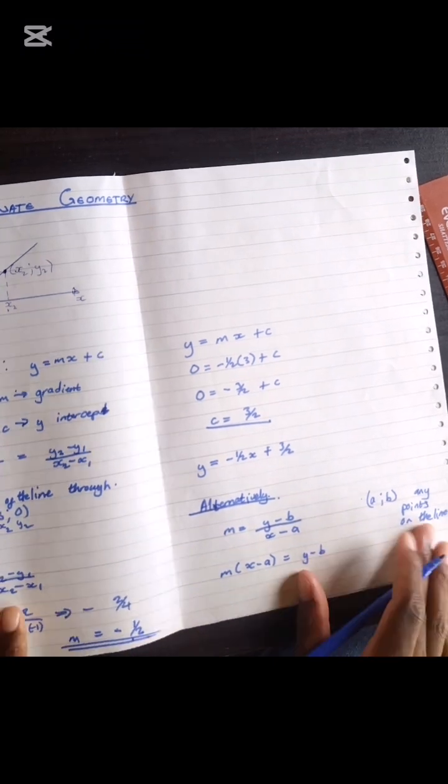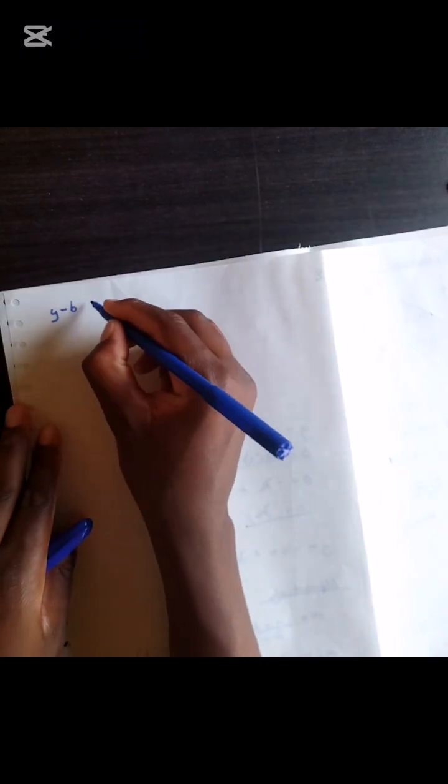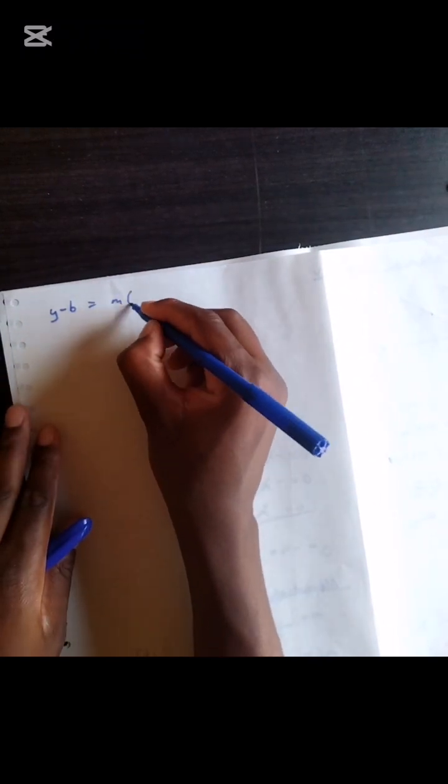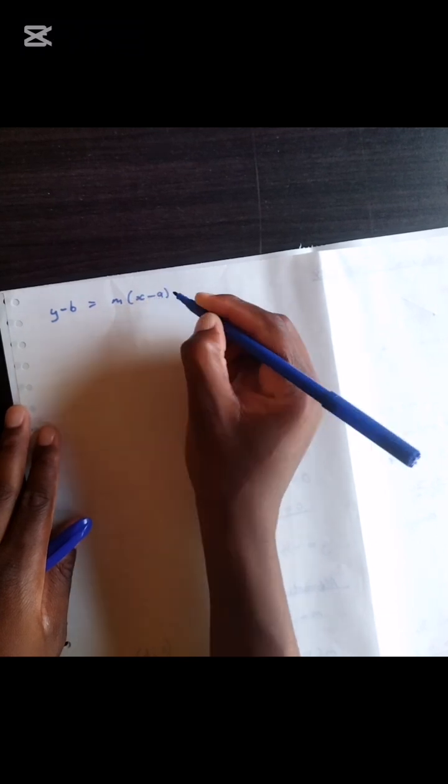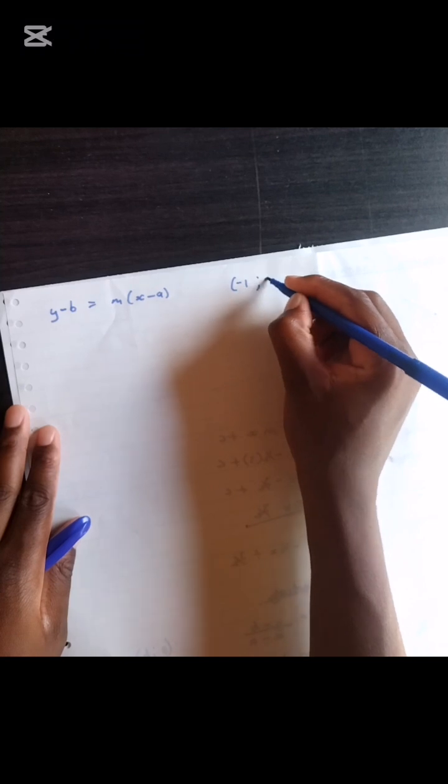So let's simplify. If we simplify that, it's going to be y minus b is equal to m times x minus a. So we pick any point on the line. I'm going to pick -1 and 2.